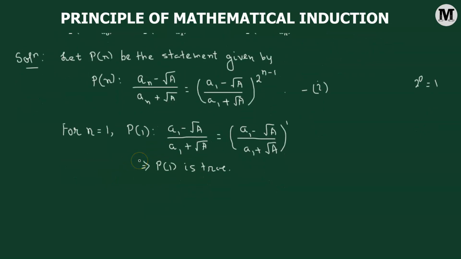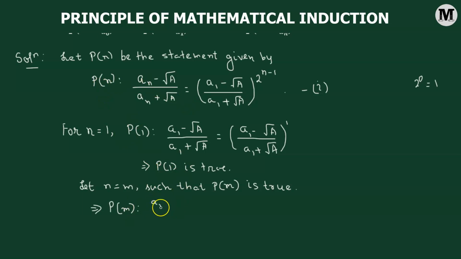Here we are going to make an assumption. We will suppose that n equals m. We're going to consider another natural number m such that P of m is a true statement. Now what is P of m? We can take the help of the statement P of n, and wherever we see n, we can replace it with m.